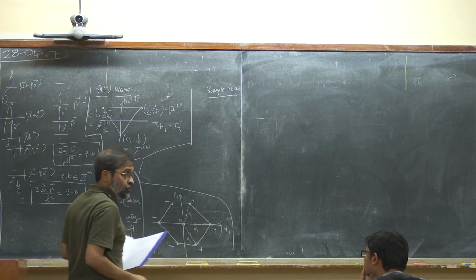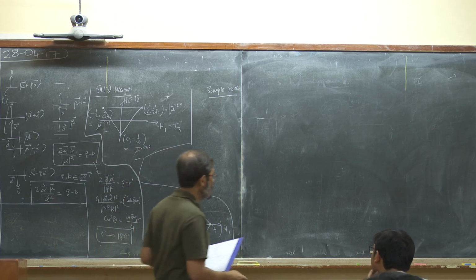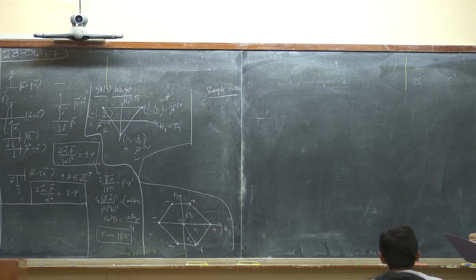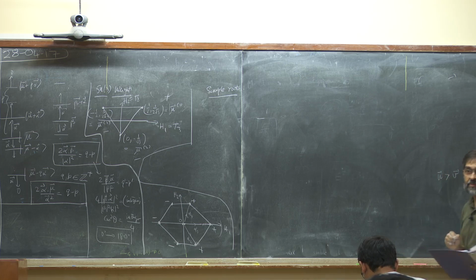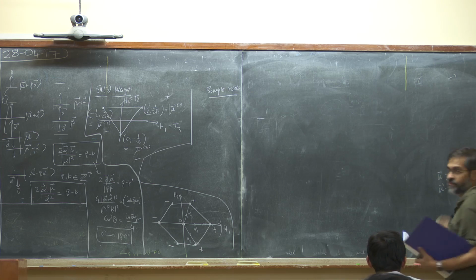I have already introduced to you the notion of positive roots. By the way, I should also say that if I have introduced a notion of what are positive vectors in a two-dimensional vector space, I have also introduced an ordering, because I can say U greater than V if U minus V is positive.